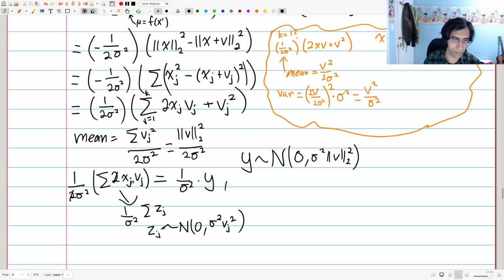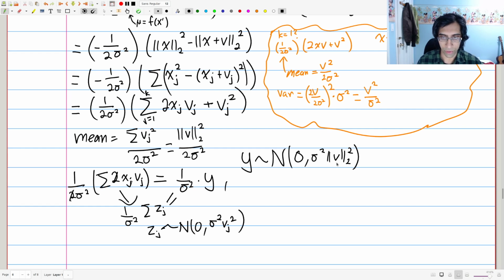This is simply using the property that I mentioned, where rescaling a Gaussian brings any constant multiplying factor into the variance as a square. And now all you have to do is note that if you add these variances up, then it'll factorize nicely and give you a single Gaussian, which has variance equal to sigma squared times the L2 norm of v squared.